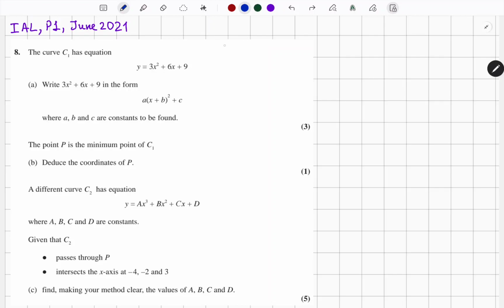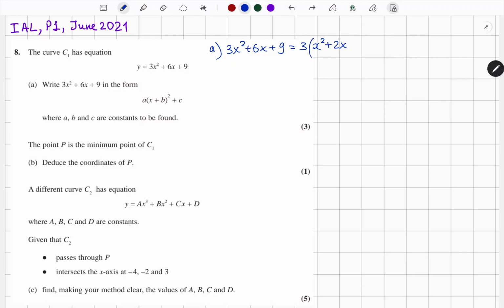Okay, I have enough space to write down the solution here. So 3x squared plus 6x plus 9 is equal to... I consider the first two terms. I take out a common factor of 3, so I have x squared plus 2x. And here I have to decide how much to add to make it a full square.